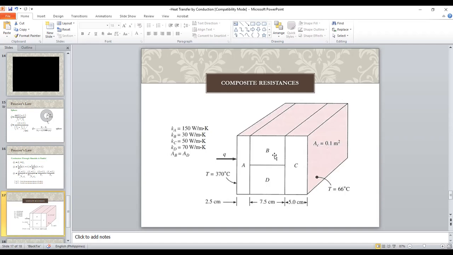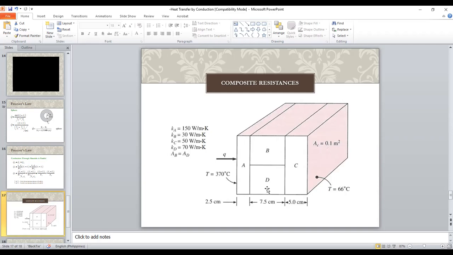Unlike if, let's say, for example, I take these two out of the picture, the amount of heat transfer in A should be equal to the amount of heat transferred in C. Or shall I say the amount of heat transferred passing through A and C combined will be just the same as the amount of heat transferred that passed through A and C standing alone or considered alone.